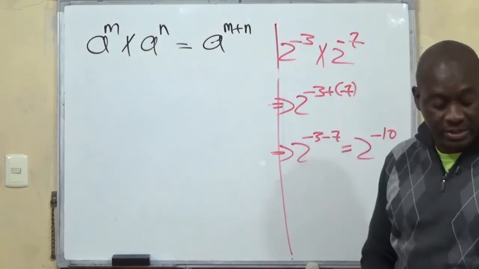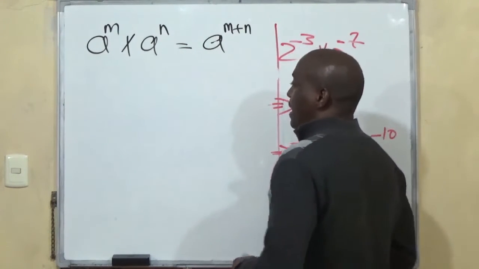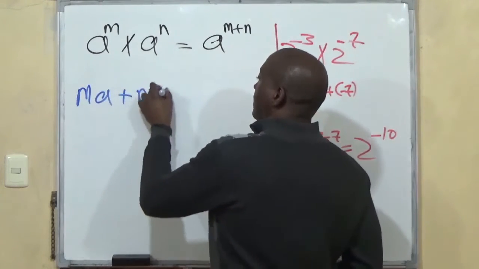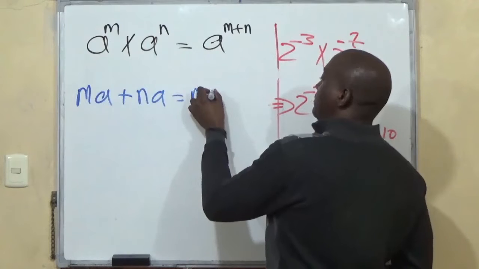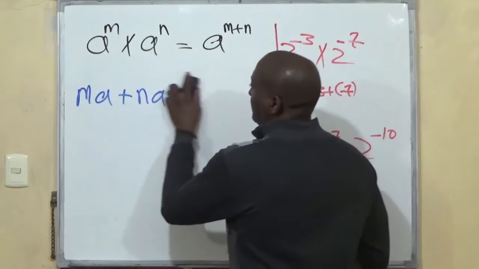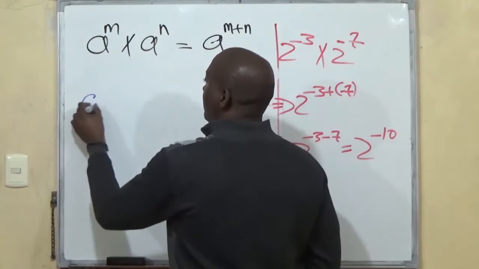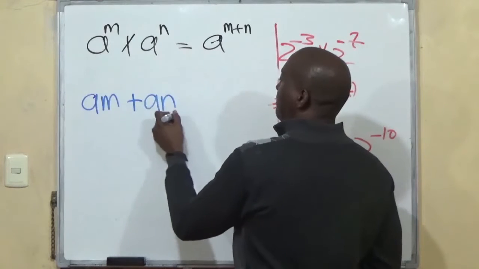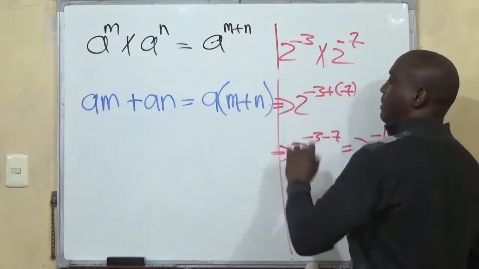This is not to be confused with our regular multiplication, where we would have, for example, am plus an, as in a times m plus a times n, and we can write that as a multiplied by m plus n.